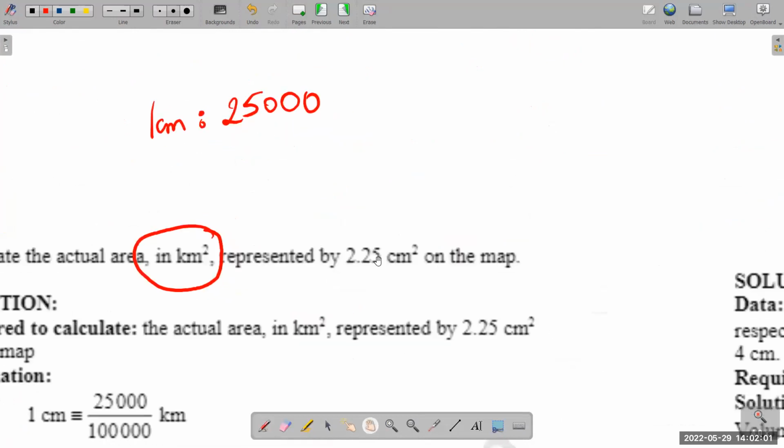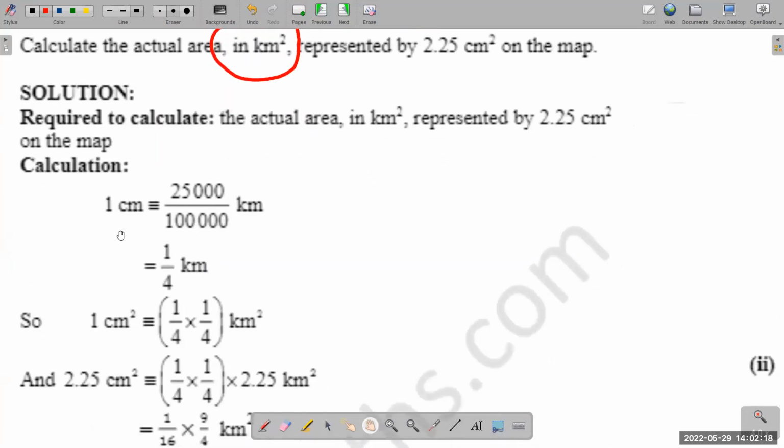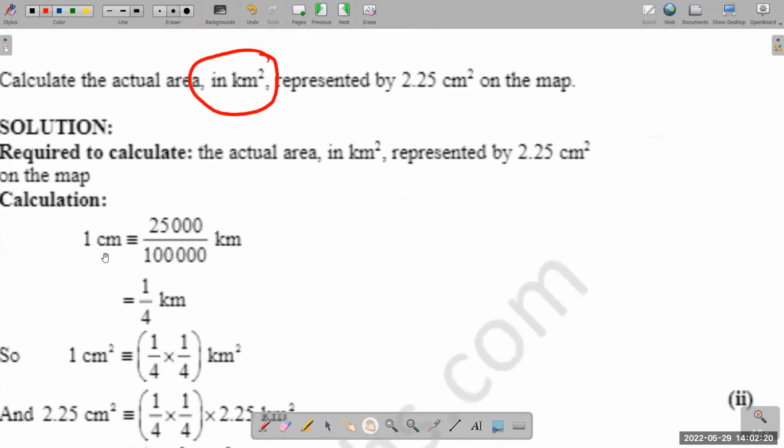But guess what? Is this regular centimeters or centimeters square? Good. So let's look at what we have here. I wonder why they did this.